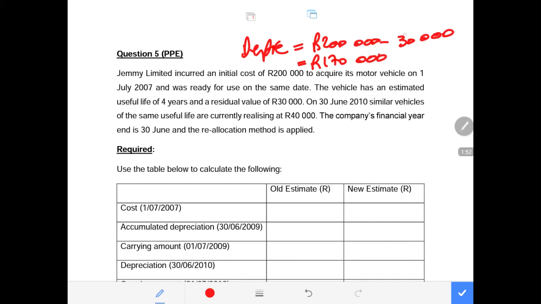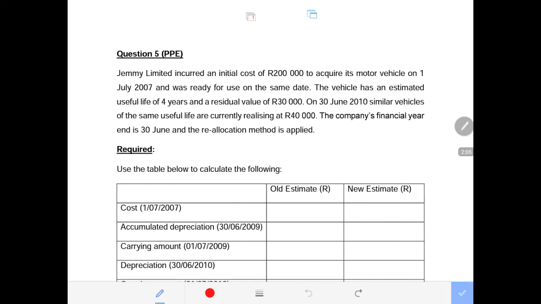Remember, we only deduct the residual value in the case where the company's depreciation policy is the straight line method. So this is also the assumption in this case, that the company is using the straight line method of calculating depreciation.